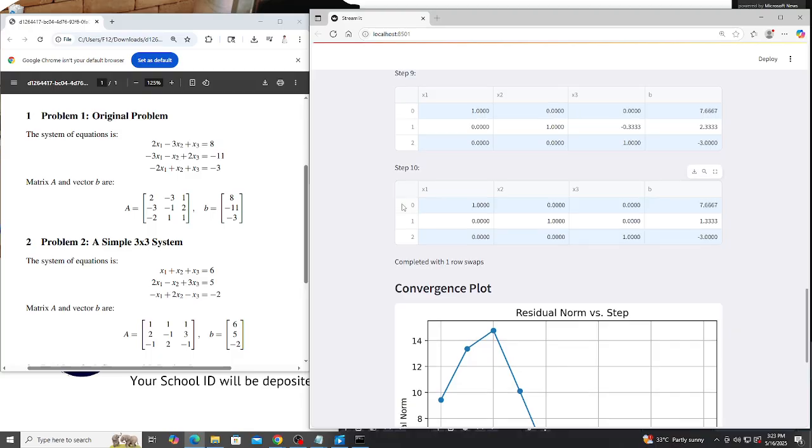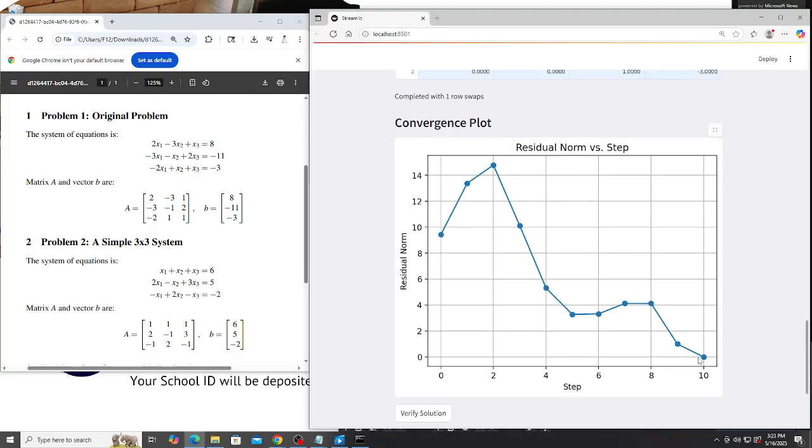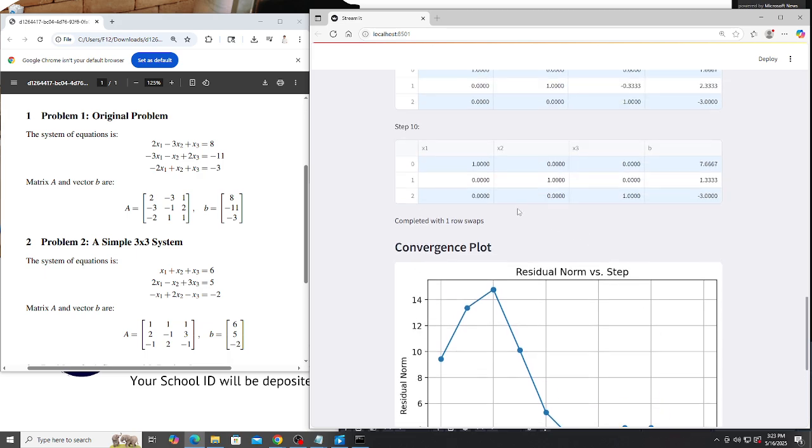We have 10 steps, and it's really reducing to its simplest form, where the slanting part is 1 and the other side is 0.